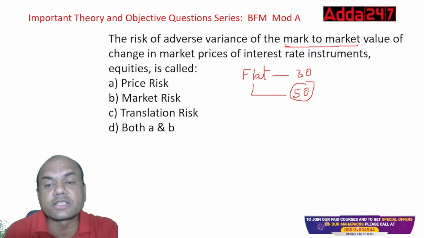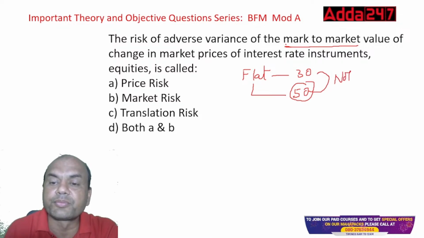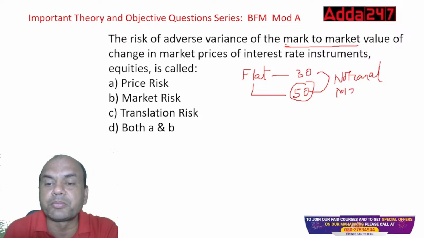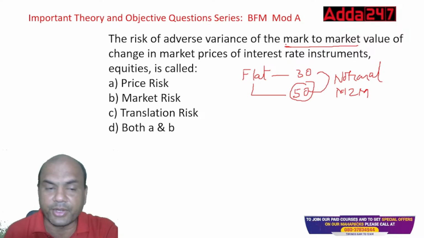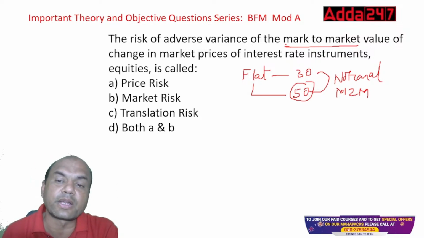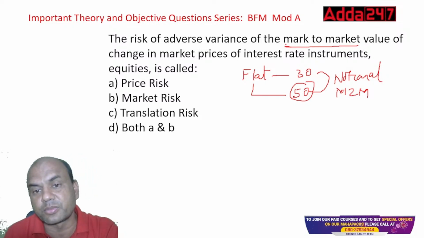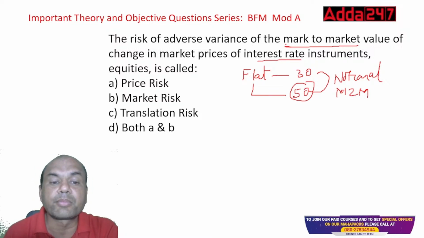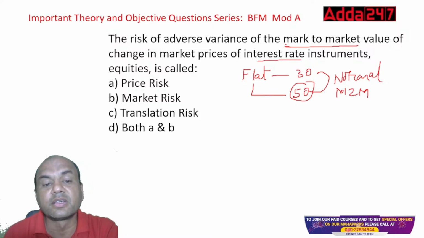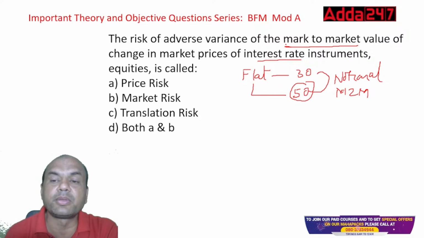This difference is known as notional gain, or mark-to-market, M to M. M to M means the rate at which I bought versus the present value of my security. So the risk of adverse variance of mark-to-market value, the change in market price of interest rate instruments, is called price risk, market risk, translation risk, or both A and B.